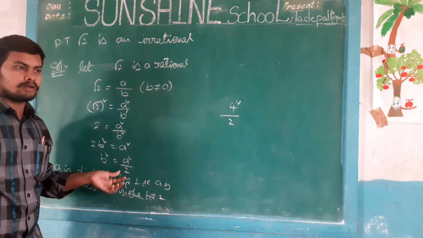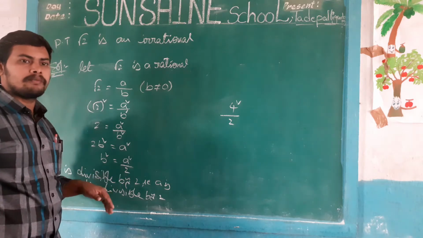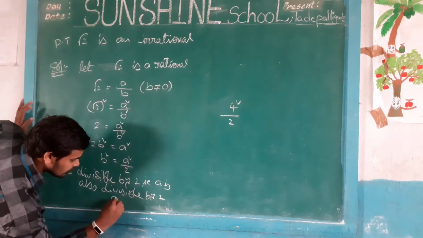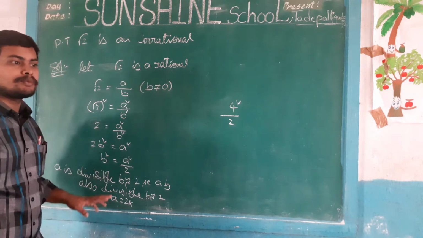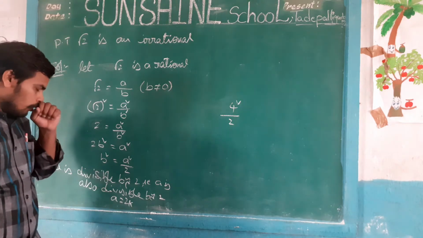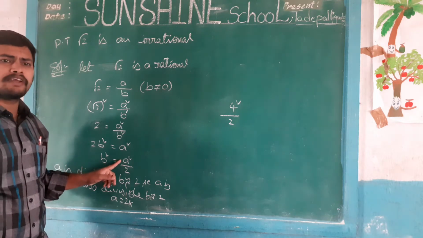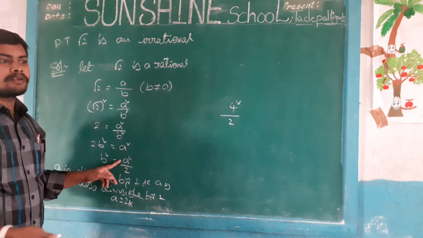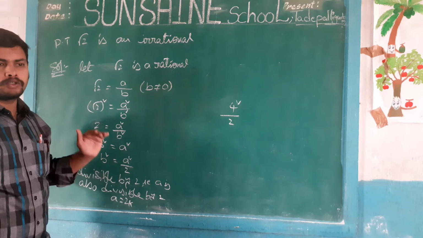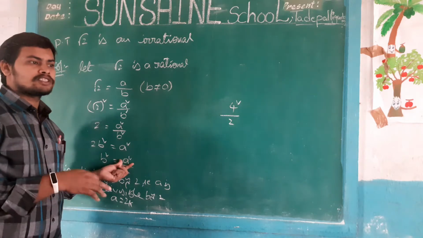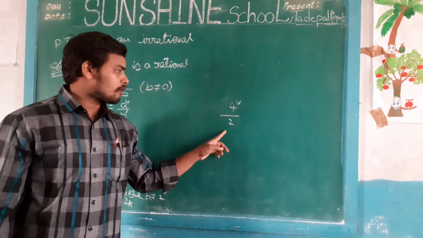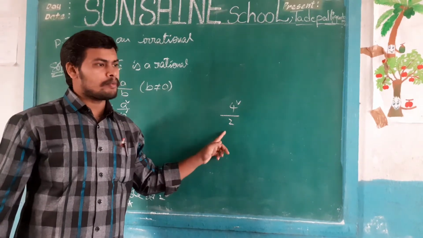Whenever a is divisible by 2, here a can be easily replaced as a equal to 2k. If any number is divisible by 2, that number must be a multiple of 2. Here 4 is the multiple of 2, because 4 is divisible by 2.